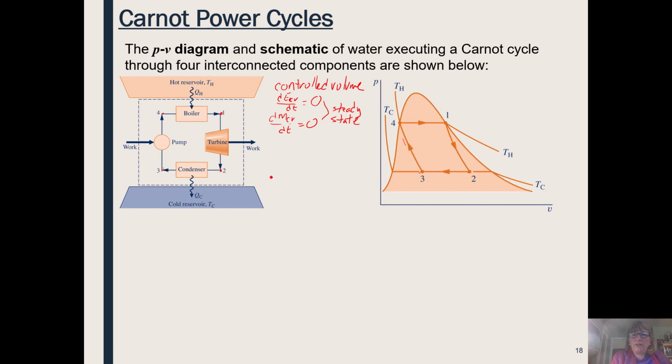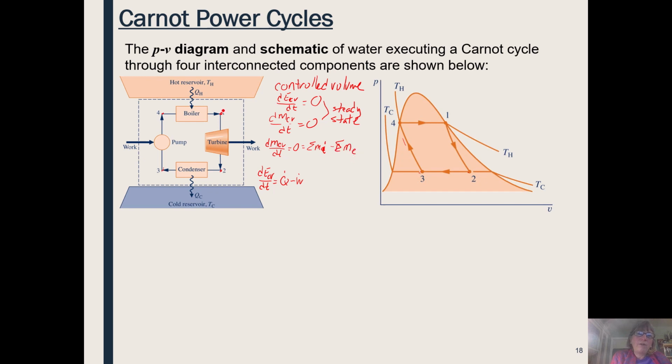So if we think of our first law of thermo, we're looking at our heat, our work, and let's go back to our dE_CV/dt. And this is all the sum of the, right, is equal to 0. This is the sum of the masses at the inlet minus the sum of the masses at the exit.